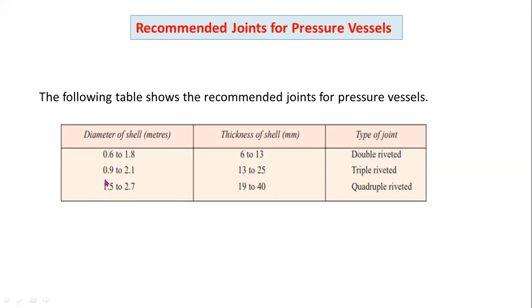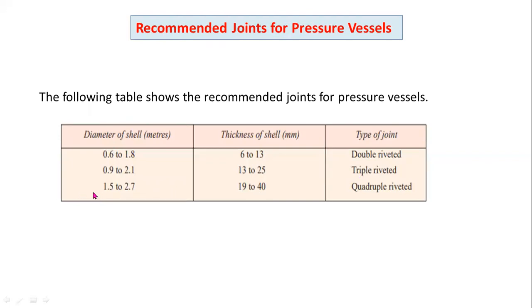If the diameter of the boiler lies between 0.9 to 2.1 meters and the thickness of the plate is 13 mm to 25 mm, then you have to use a triple riveted joint.